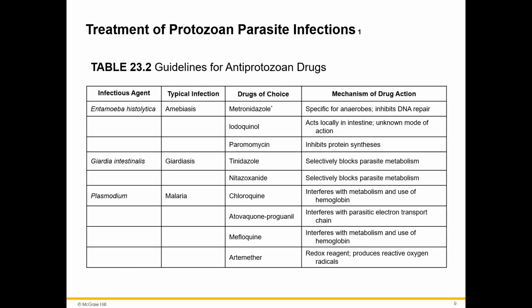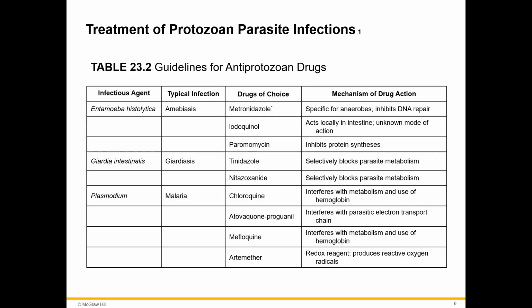This is just showing you a table of the different drugs they use. I'm not going to have you memorize for the exam the types of drugs they use, but for those of you who are pre-med, it's nice to note what you would use to treat these different types of pathogens.